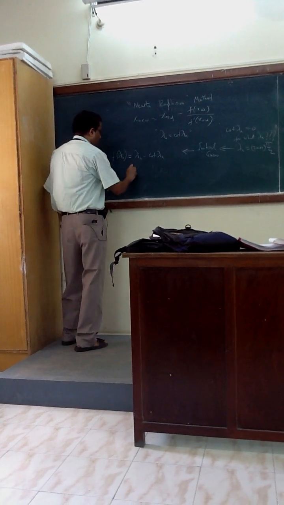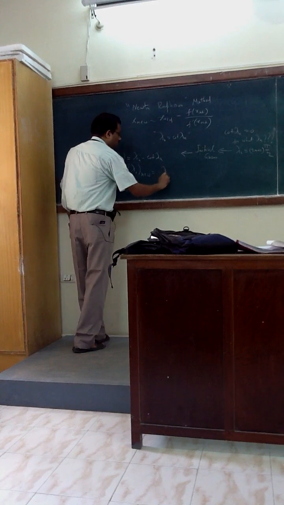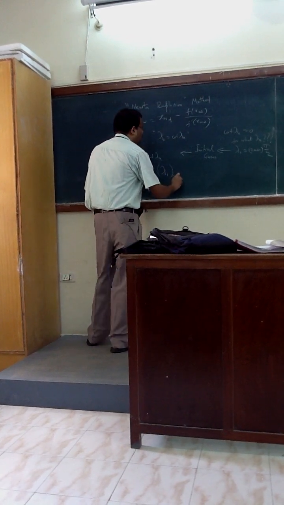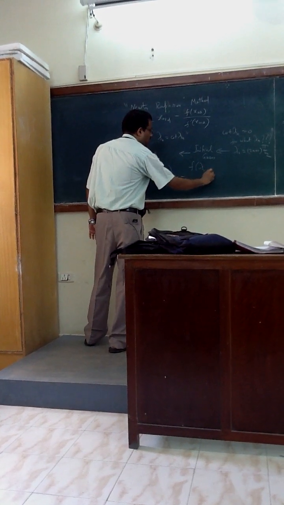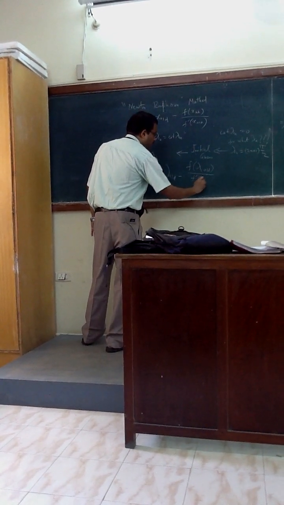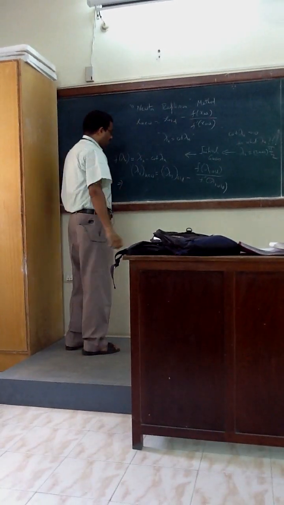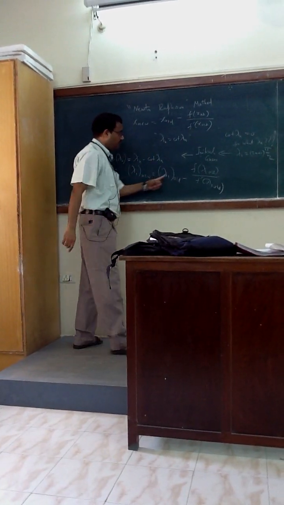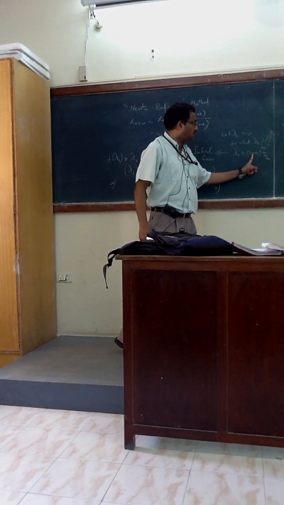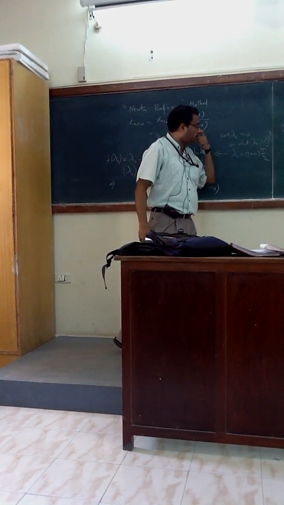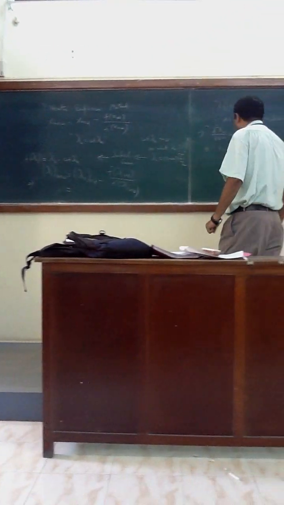For the first eigenvalue, lambda 1 new equals lambda 1 old minus f of lambda 1 old by f prime of lambda 1 old. Lambda 1 old is 2n plus 1, and n could be equal to 0.